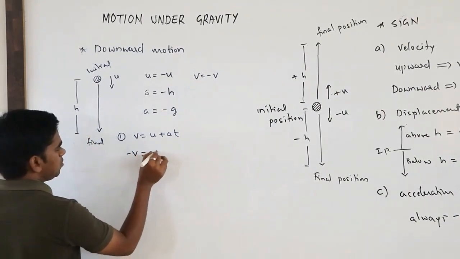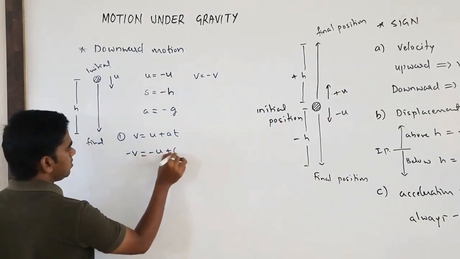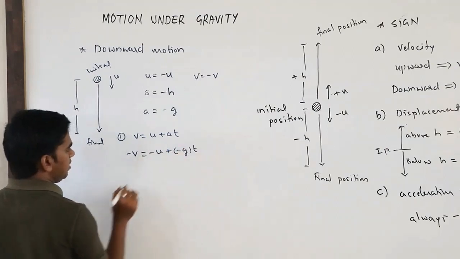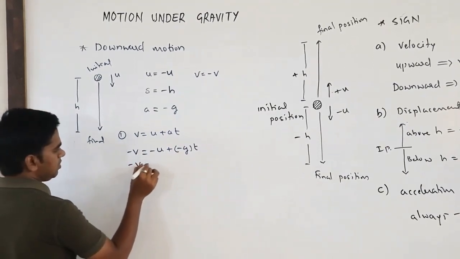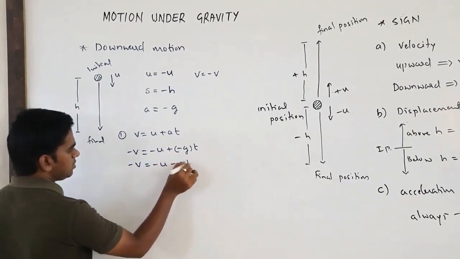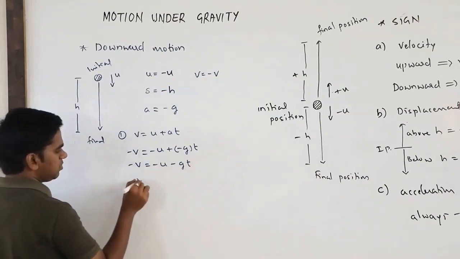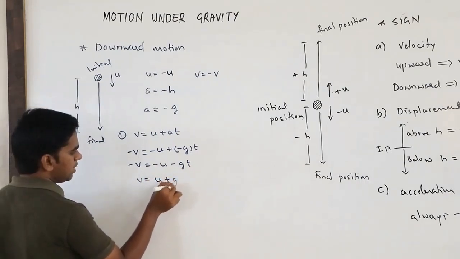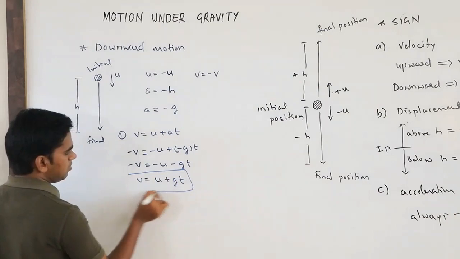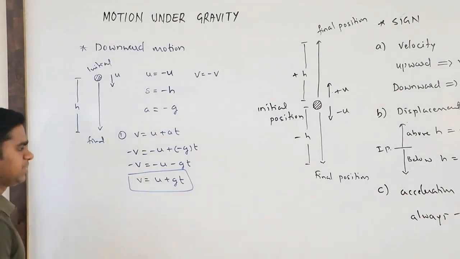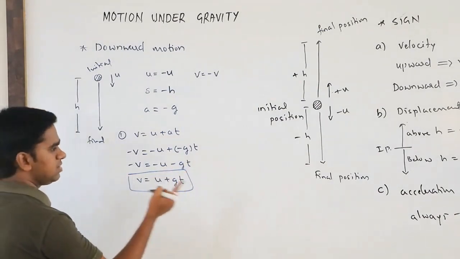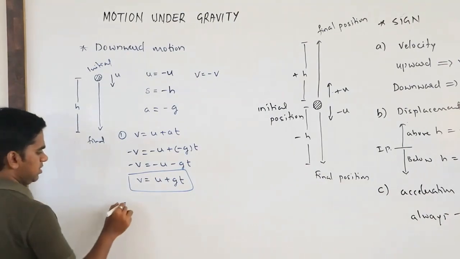Minus V equals to minus U plus minus G into T. That means minus V equals to minus U minus GT. All negatives you remove, it will become V equals to U plus GT. This is your first equation. So there it was U minus GT, here it is U plus GT.